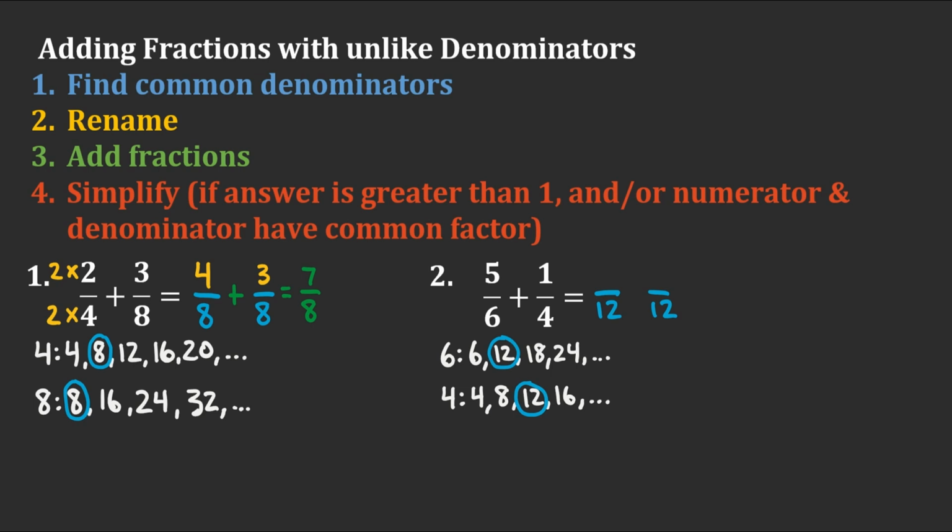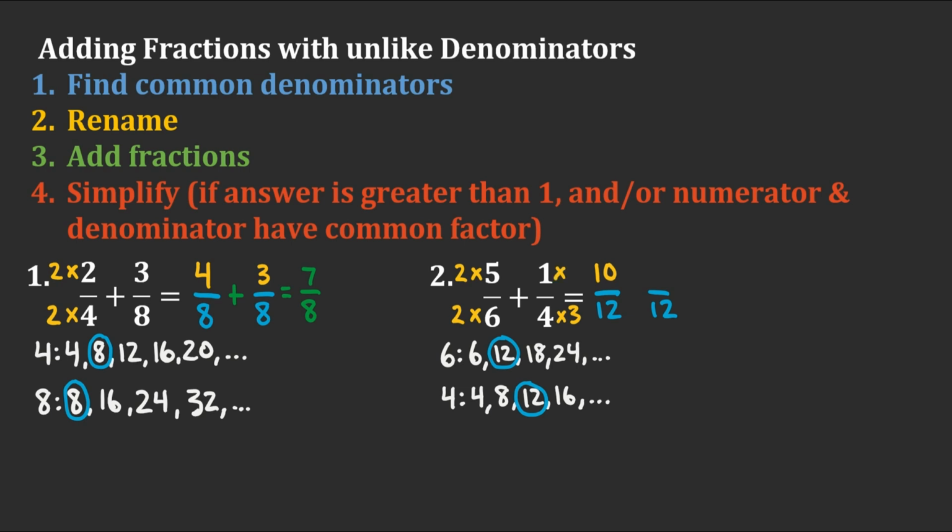Now on part 2 where we rename our fractions, 6 times what is 12 in the denominator? 6 times 2. That means we need to multiply that numerator by the same 2. 5 in the numerator times 2 is 10. We repeat for the other one. 4 times what is 12? Well, 4 times 3 in this case.